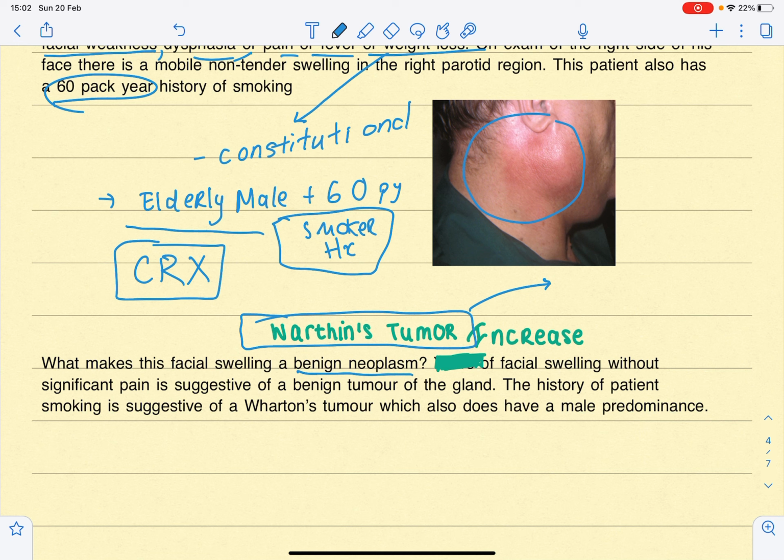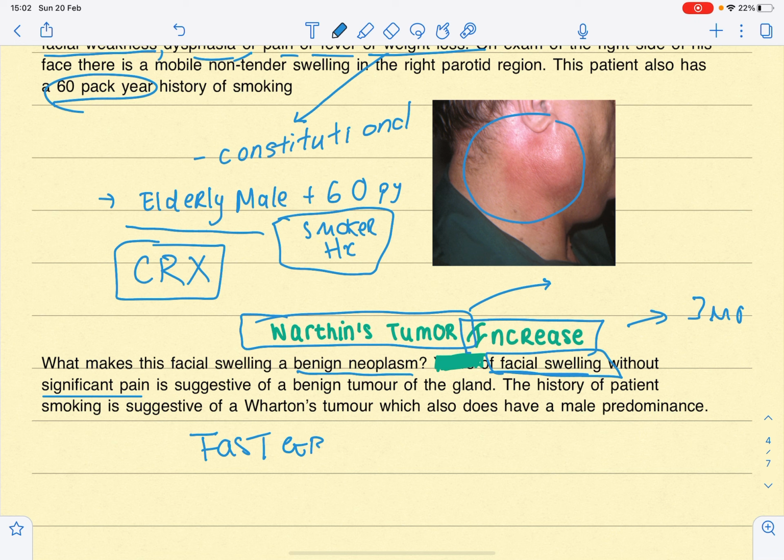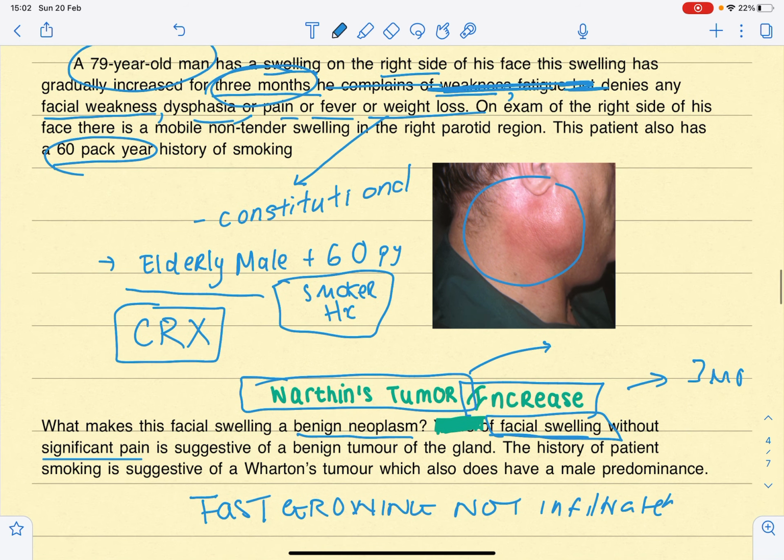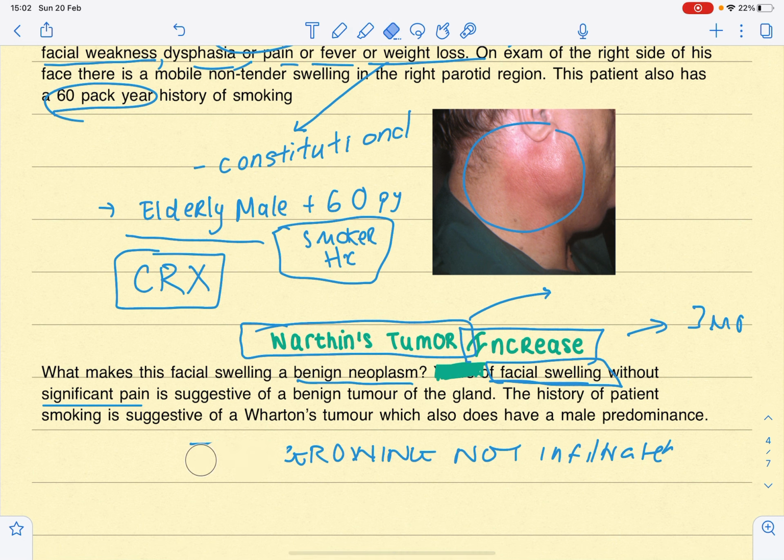What makes this tumour benign? Well, there's a facial swelling. A quick increase of a facial swelling with 3 months is pretty fast growing, without significant pain. Actually, you know what, 3 months in this grand scheme of things doesn't have to be fast, but it can be gradually growing.